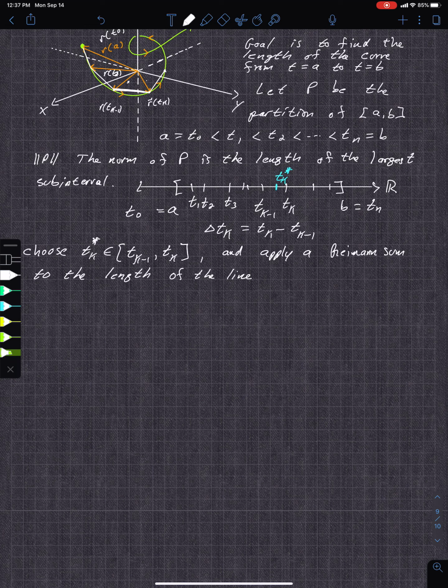So it's the line segment connecting r of t sub k minus 1 to r of t sub k. And you use the distance formula.